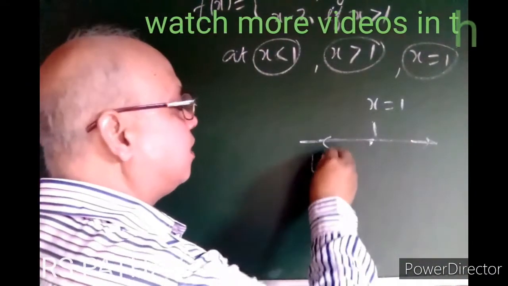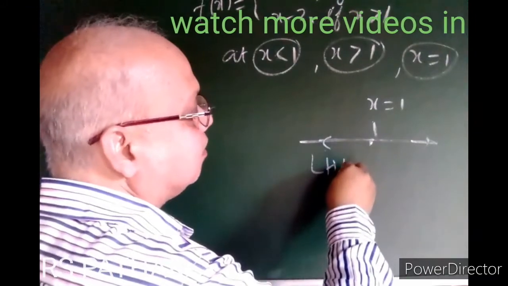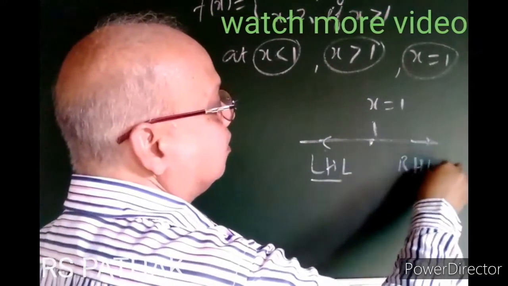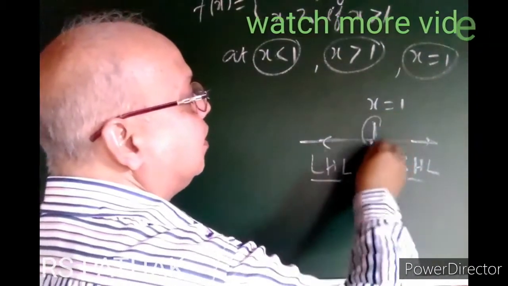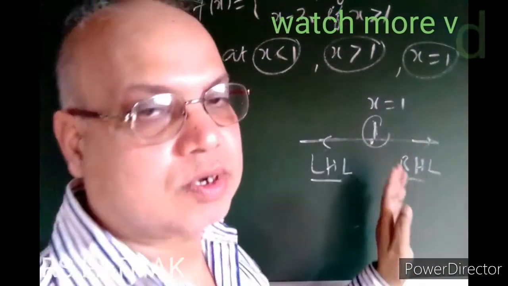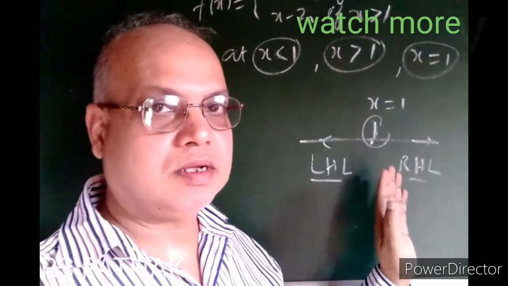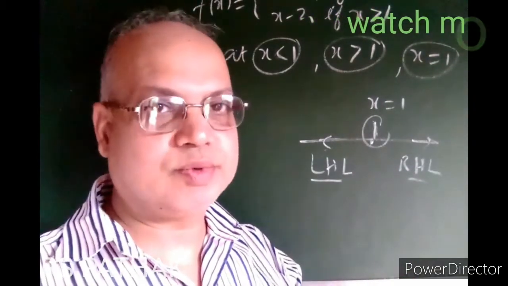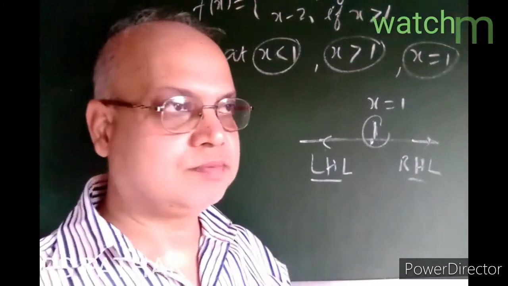On the left hand side there will be the left hand limit, here there will be the right hand limit, and in the middle, 1, you can understand as the demarcation point. You can treat it as a terminal point.